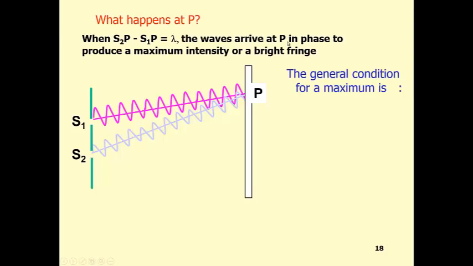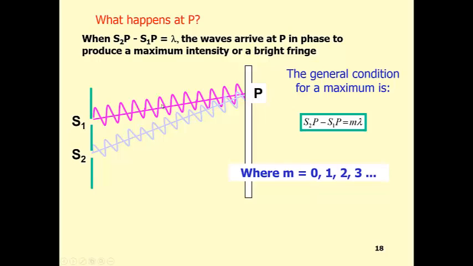So the waves arrive at P in phase this time. So you can see they arrive in phase. That means that this one's travelled slightly longer, but it might now be in phase. So the condition now for a maximum is that the difference in the distances that the wave travels is an integer unit of the wavelength. It doesn't matter if it's 1 or 2 wavelengths behind this one, as long as it's an integer unit of the wavelength, where m is 0, 1, 2, 3, 4, 5, 6, 7, whatever, then you're going to have a maximum intensity.